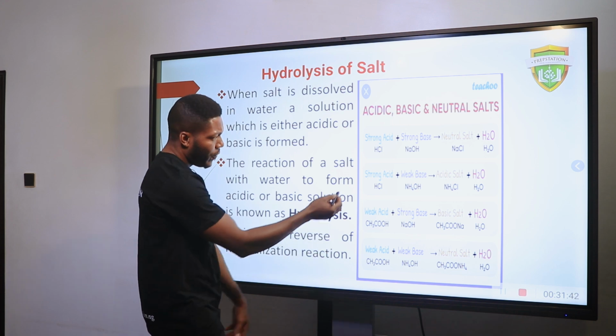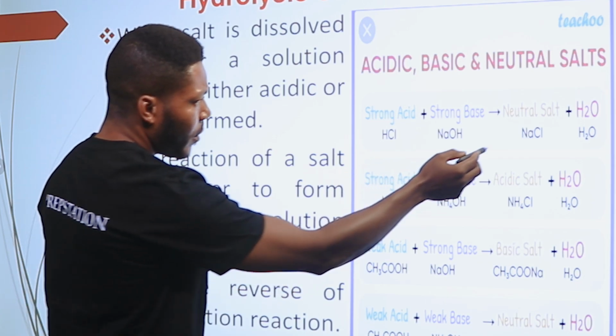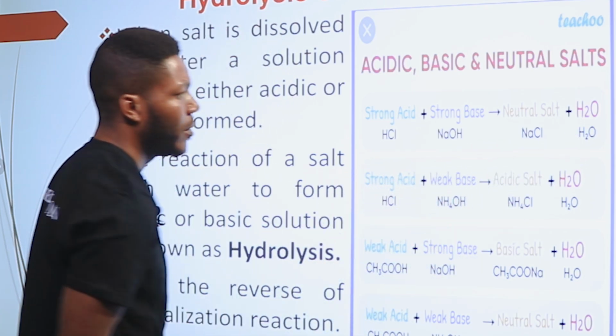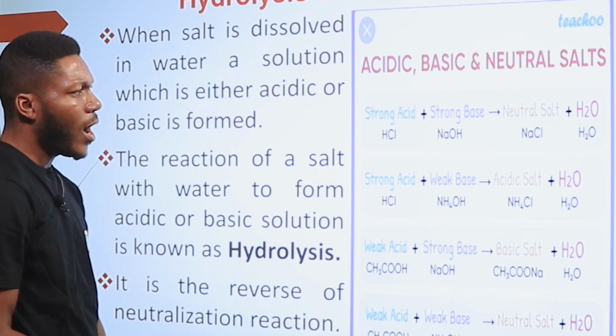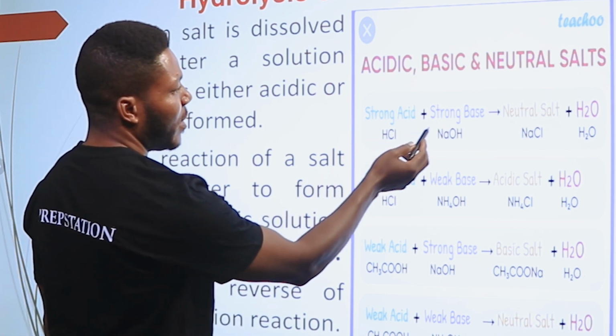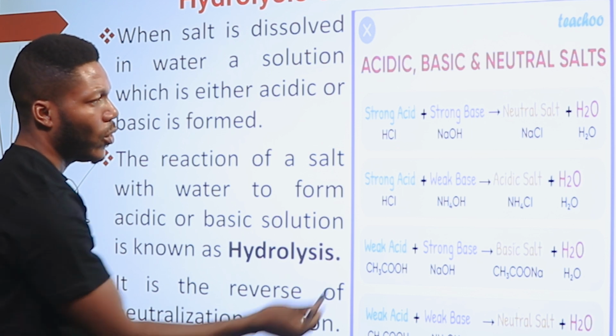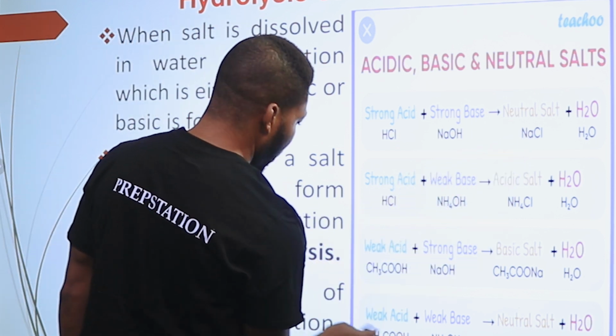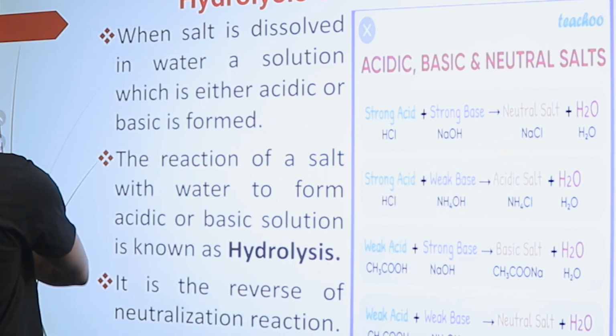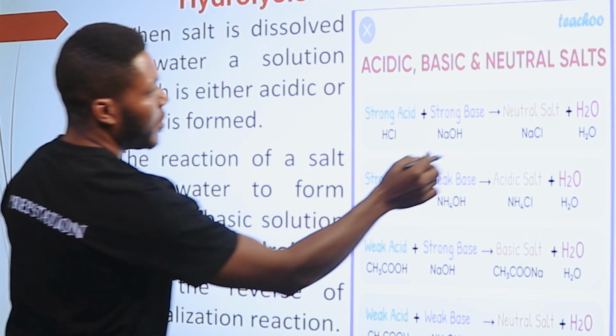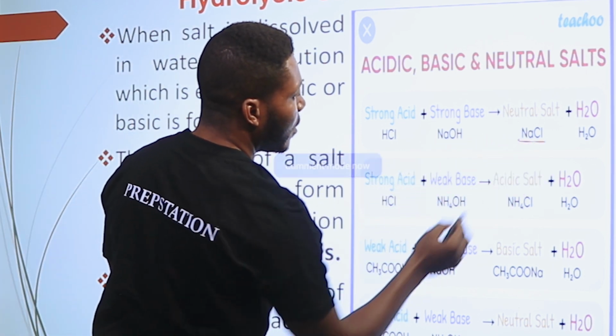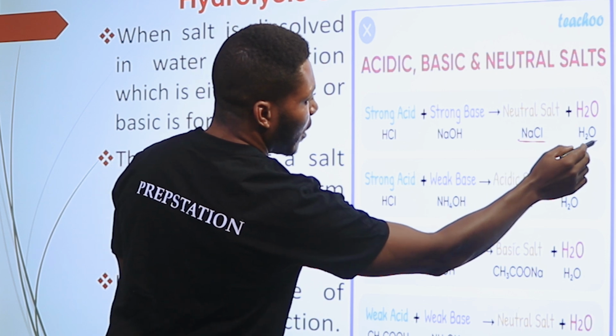For example, if we add a normal salt with water, we're going to have a strong acid and a strong base. So we neutralize what? We neutralize a salt. This is a neutral salt, sodium chloride, being introduced to water.